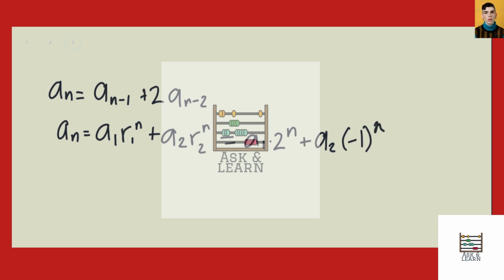Okay, so what we know from our initial conditions is that 1 is equal to a_0. So if we put 0 in here, then that must be equal to alpha_1 plus alpha_2. We also know that 1 is equal to a_1. So if we put a 1 in here, then we get 2 alpha_1 minus alpha_2.